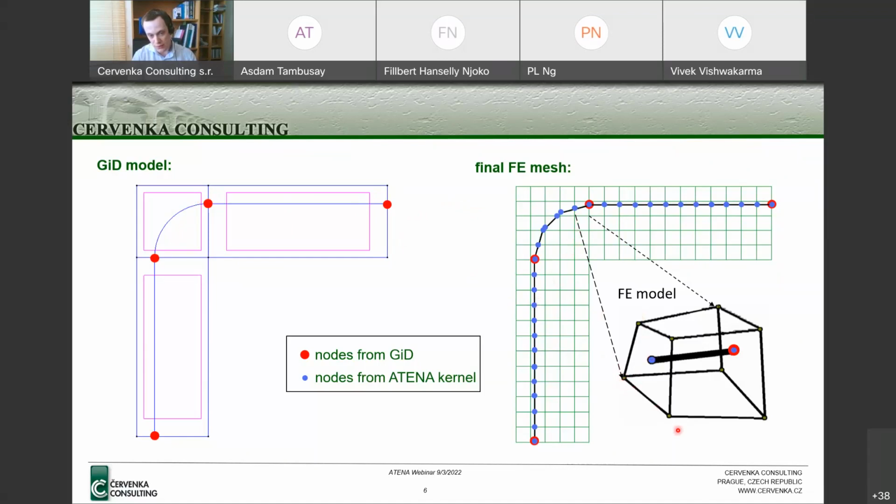So this is my concrete element, this is the reinforcement inside, and at the boundary, the ATENA kernel before the solution start will generate nodes for the reinforcement.